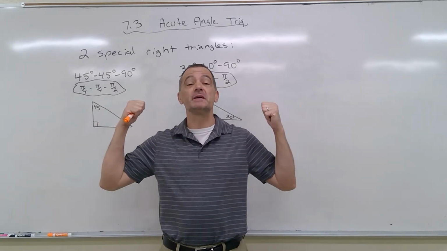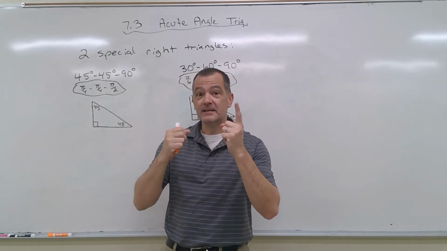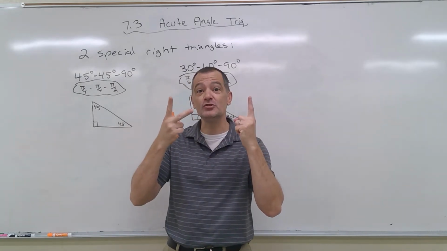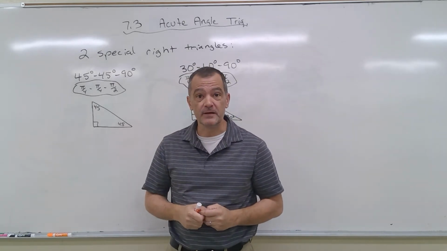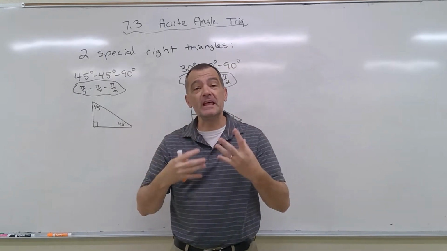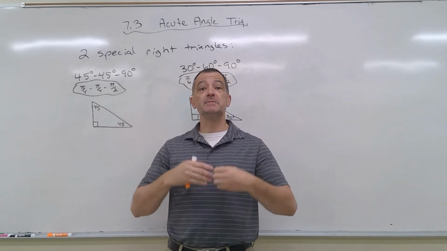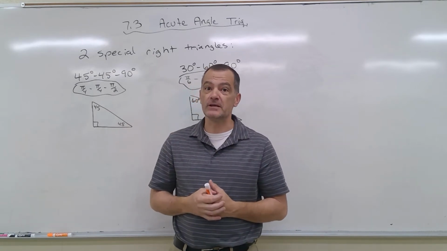But with these two special right triangles, you only need to know one side to find the other two, and you don't have to use the Pythagorean theorem, because there's a relationship between their sides that exists beyond it. But we can use the Pythagorean theorem to prove what the relationship is.